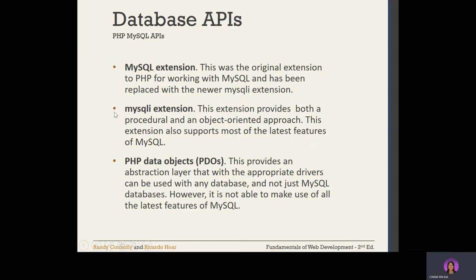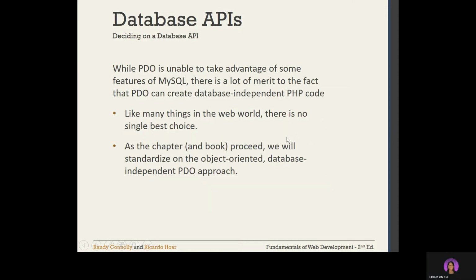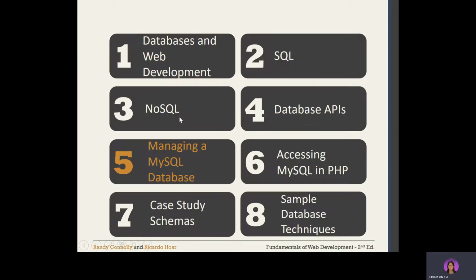But if you are only using MySQL, you can use the MySQLi extension, writing it using the procedural approach or the object-oriented approach. So when we want to decide on a database API, one of the important things is to think about whether you want to create database-independent PHP code or not. If yes, then go for the PDO approach.